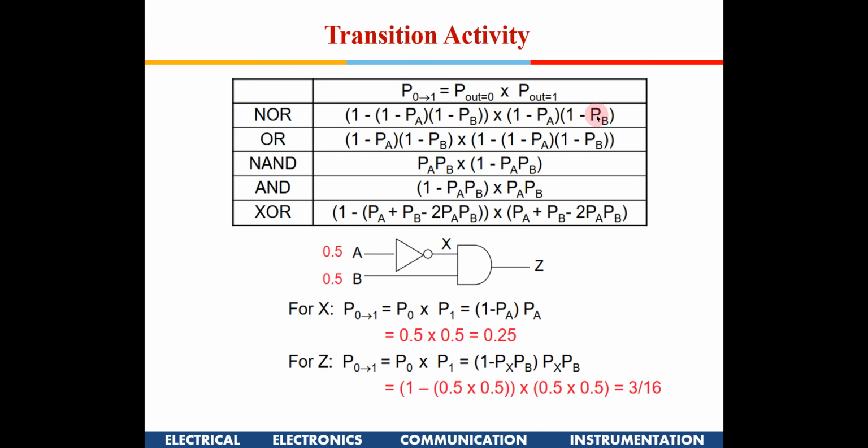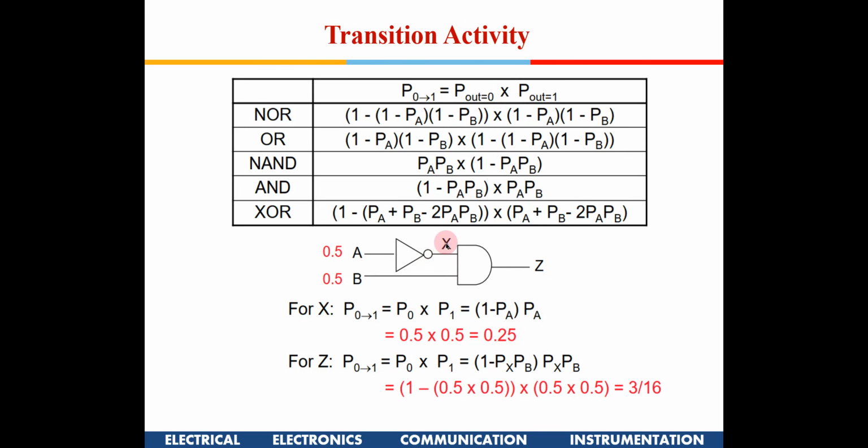This is how you get the equation for NOR, and the same is the case for different gates. For NAND, the probability of both being 1 will be PA into PB. Initially we took both PA and PB to be 0.5, but for a circuit it need not be 0.5. So PA into PB is the probability that it is going to be 1, and the probability for 0 will be 1 minus PA PB. Okay, so if I take the activities and try to find out the activity for a circuit like this.